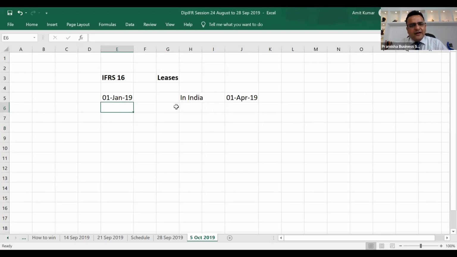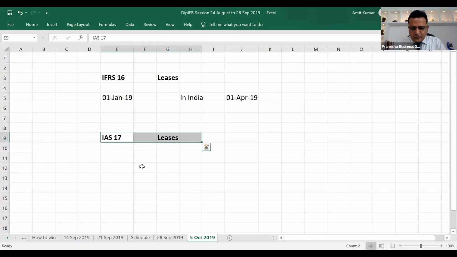Earlier, IAS 17 was the standard dealing with leases, for both lessors and lessees.